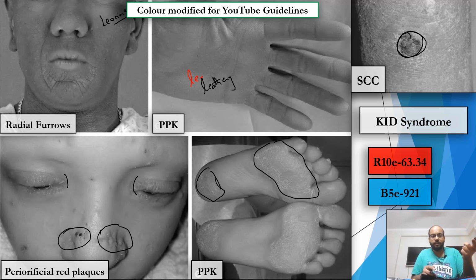It includes perioral furrows, orificial red plaques, leathery palmoplantar keratoderma, and has a good association with squamous cell carcinoma and hair follicle tumors, which are the malignancies. The deafness part is more severe if the disease is recessively transmitted, and otherwise Kidd syndrome has an autosomal dominant transmission. Clear? Let's move forward.